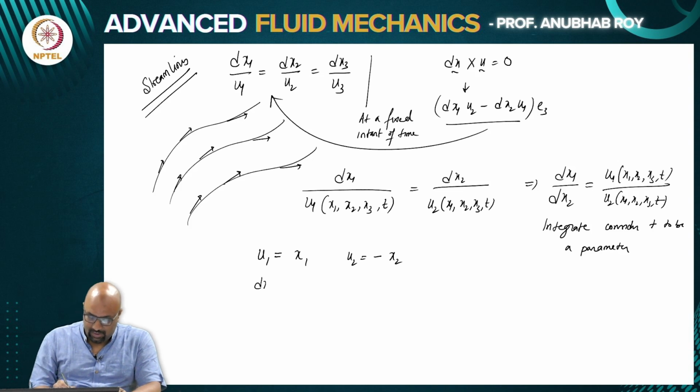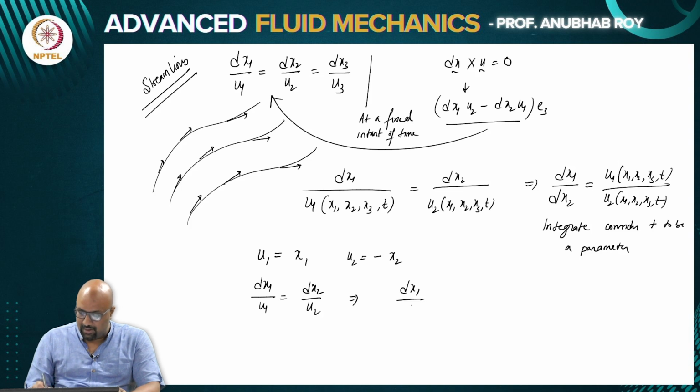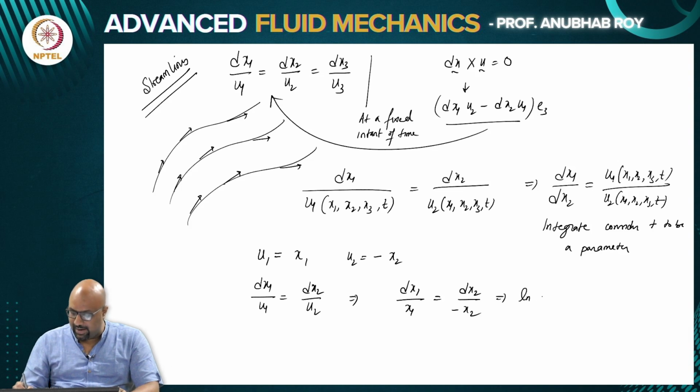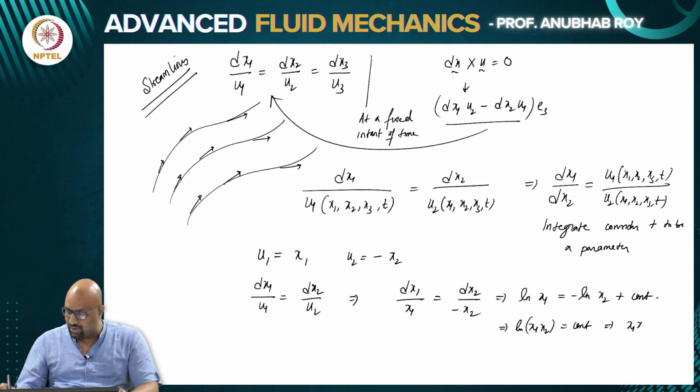Let's just start with dx1 by u1 is equal to dx2 by u2, which gives us dx1 by x1 is equal to dx2 by minus x2. If I integrate this, I get ln x1 is equal to minus ln x2 plus some constant, which gives me ln of x1 times x2 is equal to a constant, which gives an equation that is x1 x2 is equal to a constant.